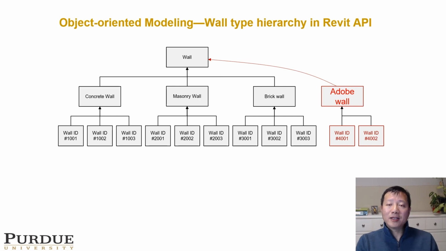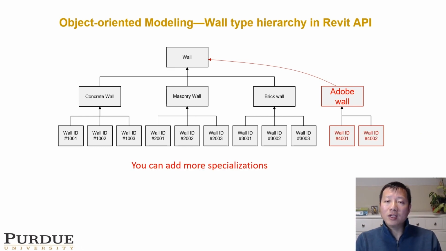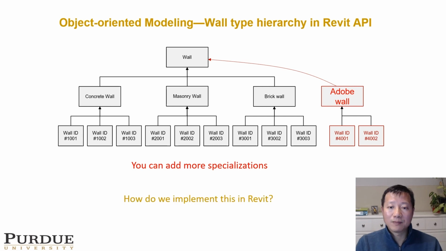By creating a specialized subclass of the wall, an Adobe wall, you can create many Adobe wall objects as you want. So again, this specialization process can be continued. And all you need to do is use the Revit API to define your own specialized wall class.